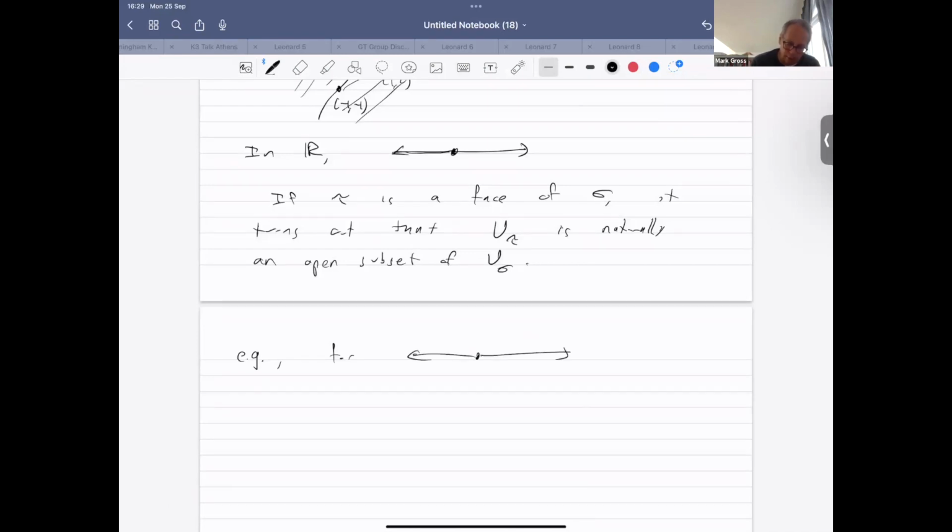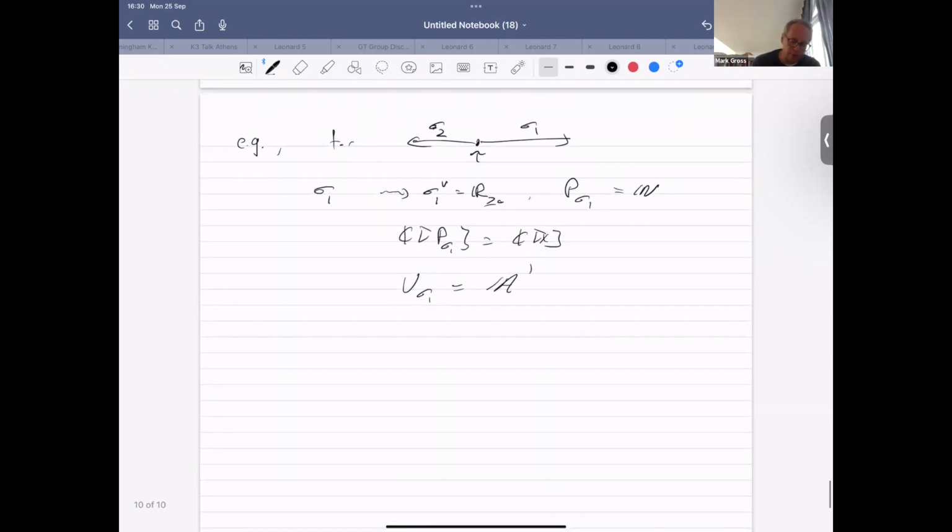Let's consider this fan, and this is about as simple as things can get. We have 2 cones, sigma 1, sigma 2, and we have the 0 cone tau. Sigma 1 dual is just the positive axis, r greater equal 0, P sigma 1 is equal to N, and C bracket P sigma 1 is equal to C bracket x. And so U sigma 1 is just the affine line A1, or if you will, a copy of C. Now sigma 2, the dual cone, is minus r greater equal 0. That's the negative axis.